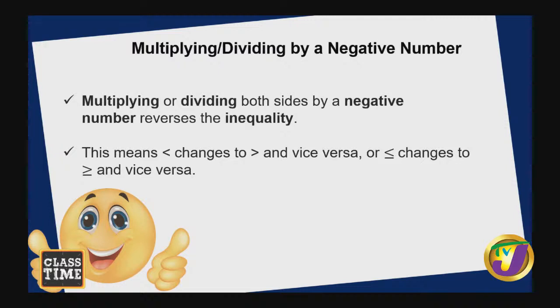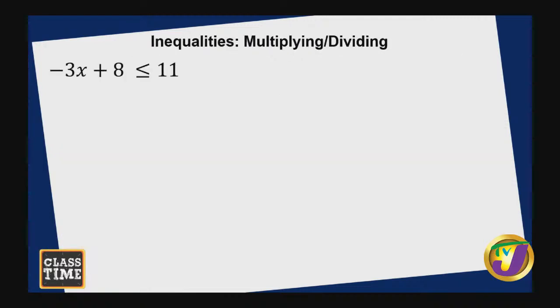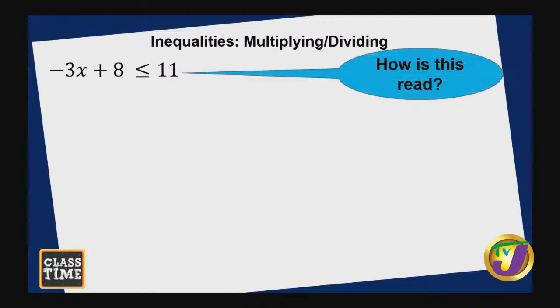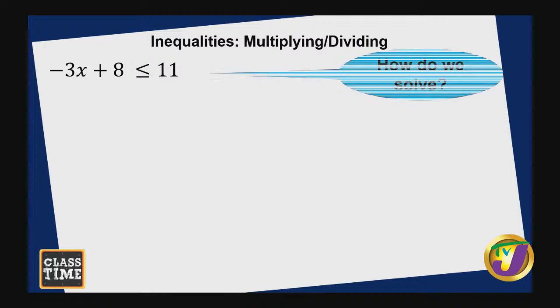So let us see where this takes us. This takes us to trying to see if we can first read the inequation, and in this case it is read: negative 3x added to 8 is less than or equal to 11. Good. And how do we solve it now?